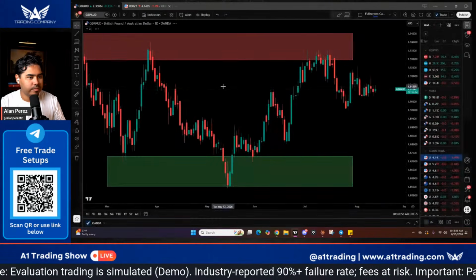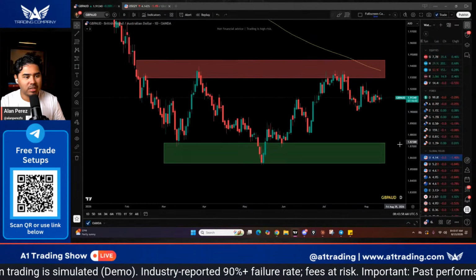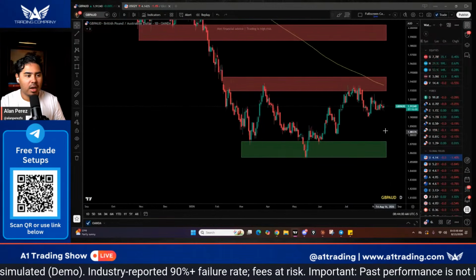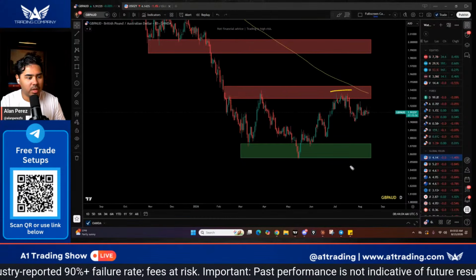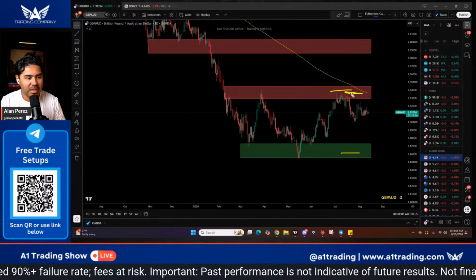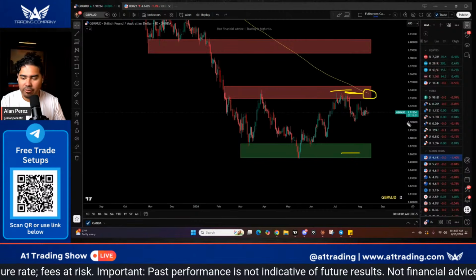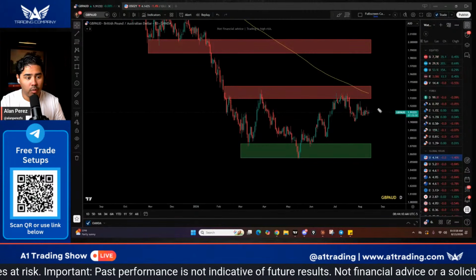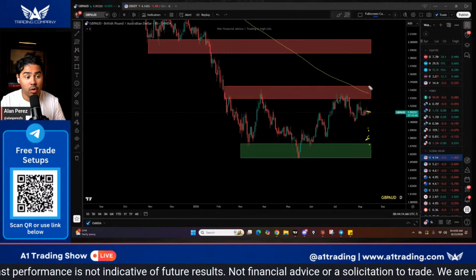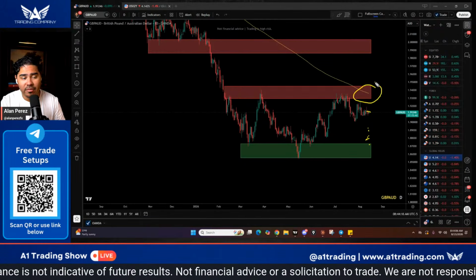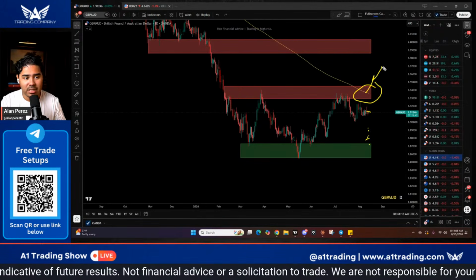Pound Aussie. Technically speaking, I don't know, man. You're kind of in the middle here. You need to break out of this level of resistance and the 200-day moving average. If I take a boring enough approach, I could absorb some position sizing here, and hopefully one day we break out of this, and it makes a lot of sense in the long term.